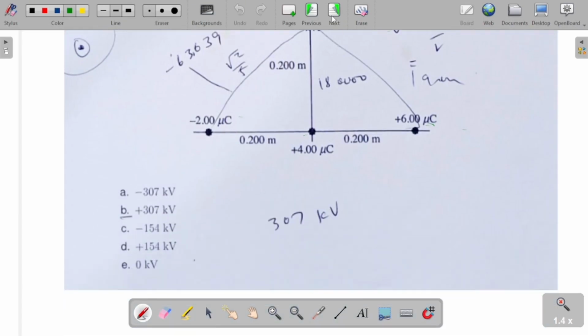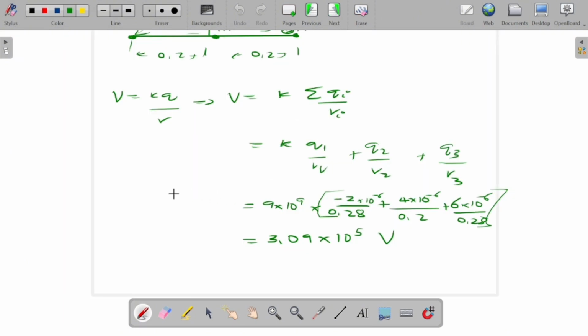Is it positive or negative? Because we can rewrite it as 309 by 10 to the 3, which is 309 kilovolts.